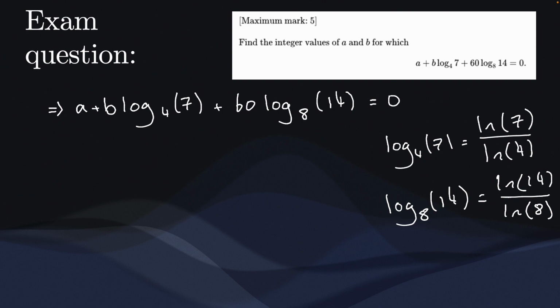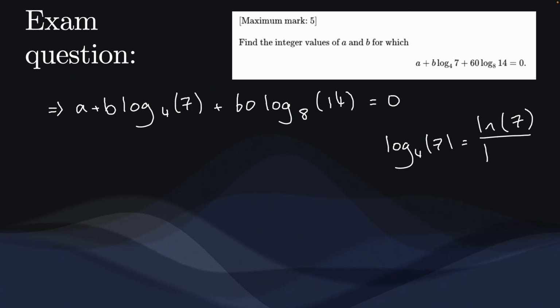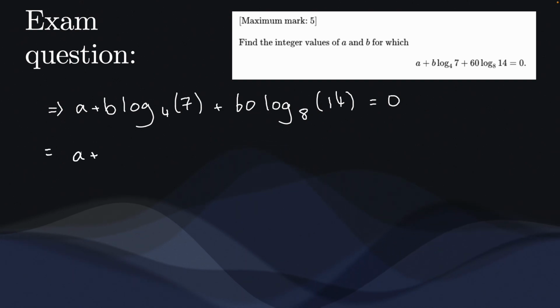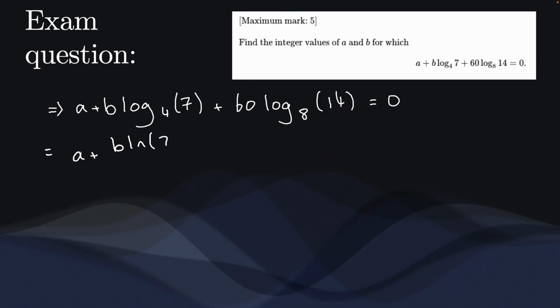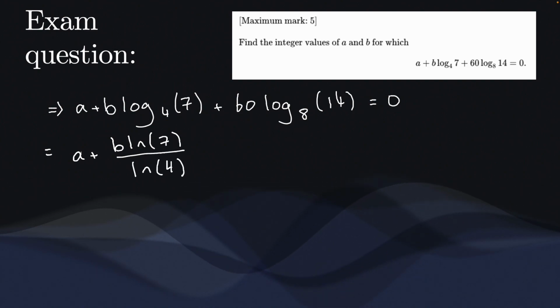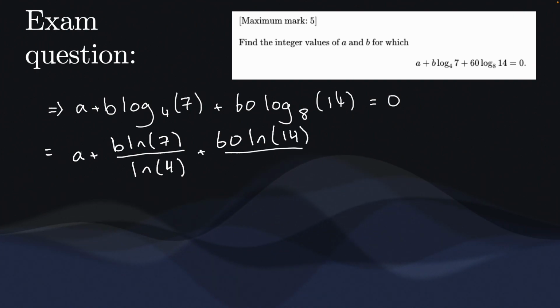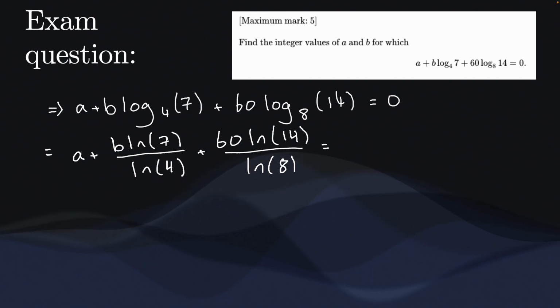Now we can substitute these into our equation. Therefore, all of our logs have a common base of ln. So we can say that (a plus b) times ln of 7 divided by ln 4, plus 60 times ln of 14 divided by ln of 8, is equal to 0.